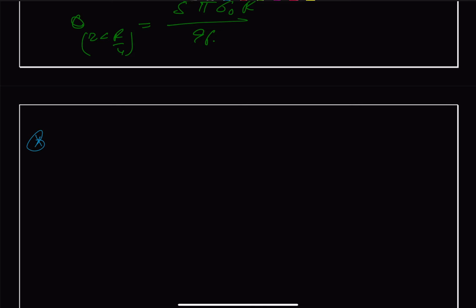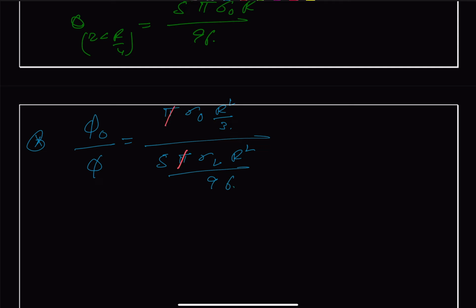So we get phi naught upon phi is equal to pi sigma naught R square by 3 divided by 5 pi sigma naught R square by 96.